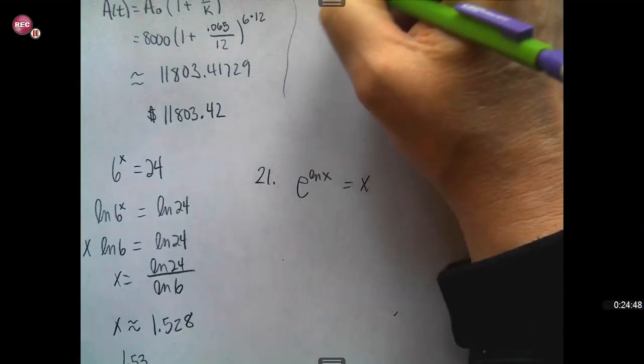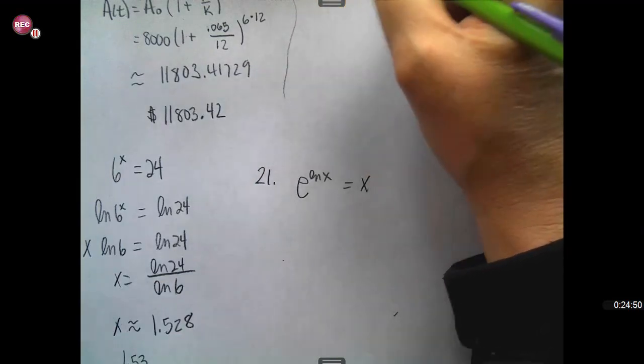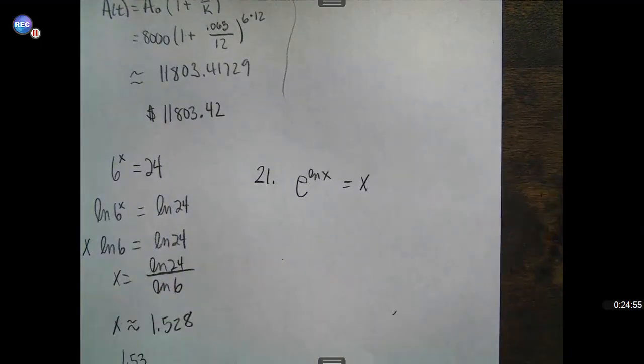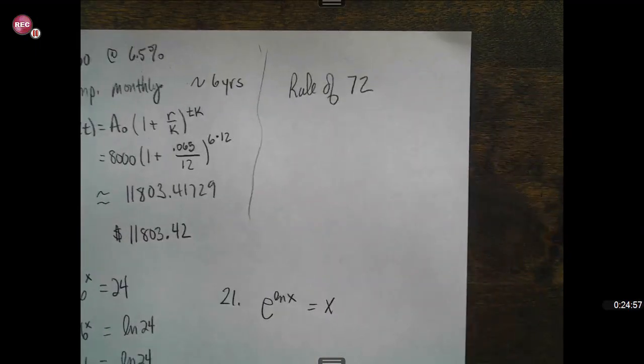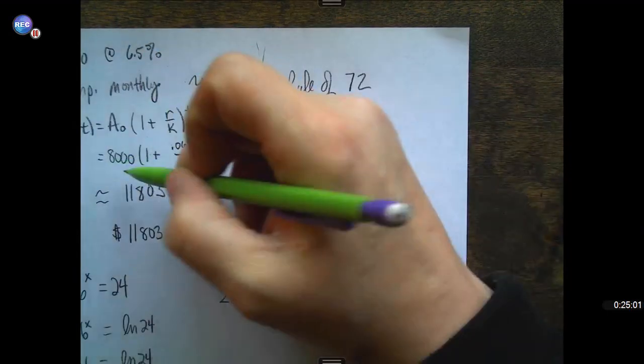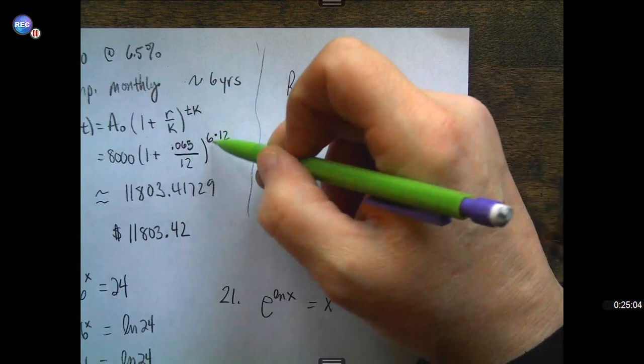And so for that, we would use the rule of 72, because it says about. It doesn't want us to actually put it into an equation and say 16,000 equals 8,000, and then solve for the time.